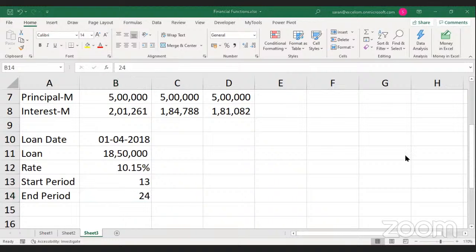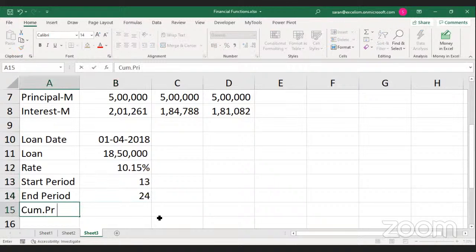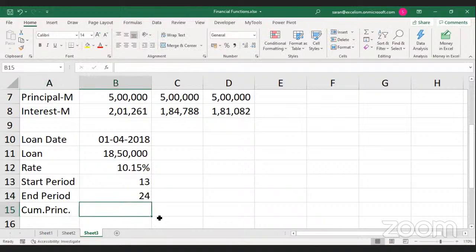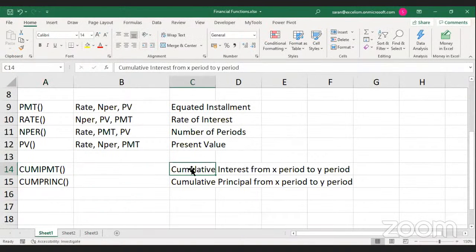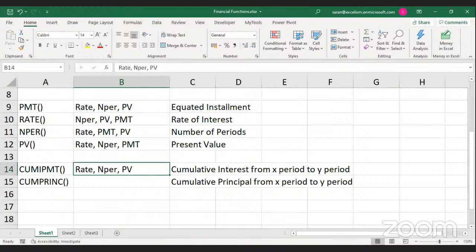Now, can I calculate from this period to this period how much cumulative principal he paid? Yes, that's possible because I told you there is a function called cumulative interest payment. First, you should tell Excel how to calculate the PMT, which means all these arguments will come.